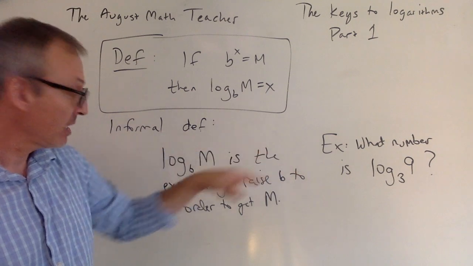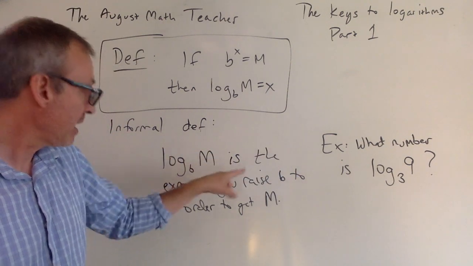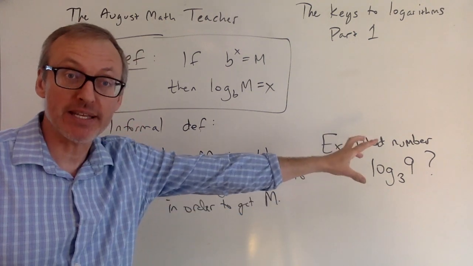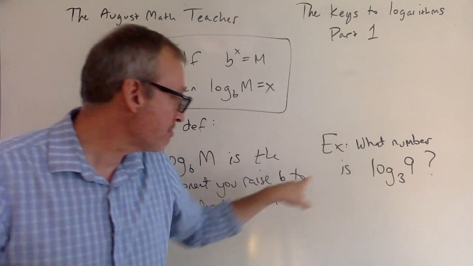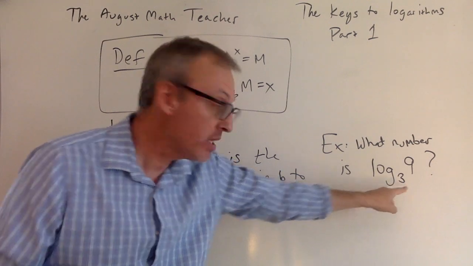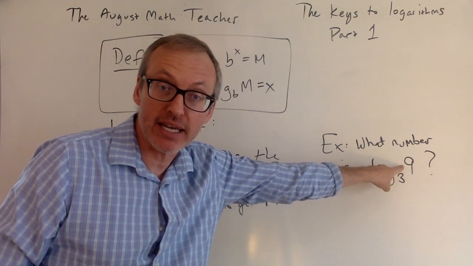The log base 3 of 9 is the exponent. It's a particular exponent. It's the one that you raise b to. b is the little number. It's the number you raise 3 to in order to get whatever number goes here, in this case 9.